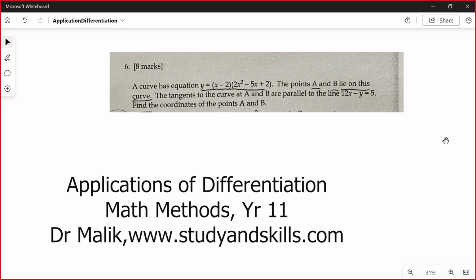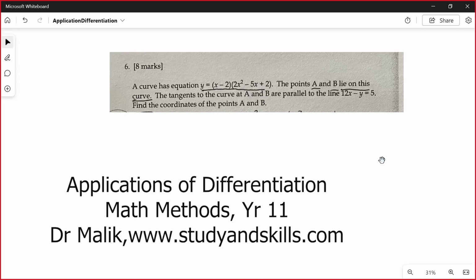Once we open this multiplication, the highest power of x would be 3, so it's a cubic equation.